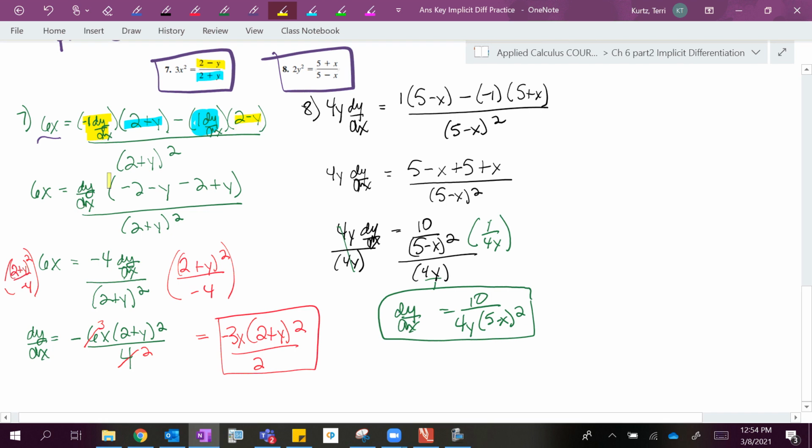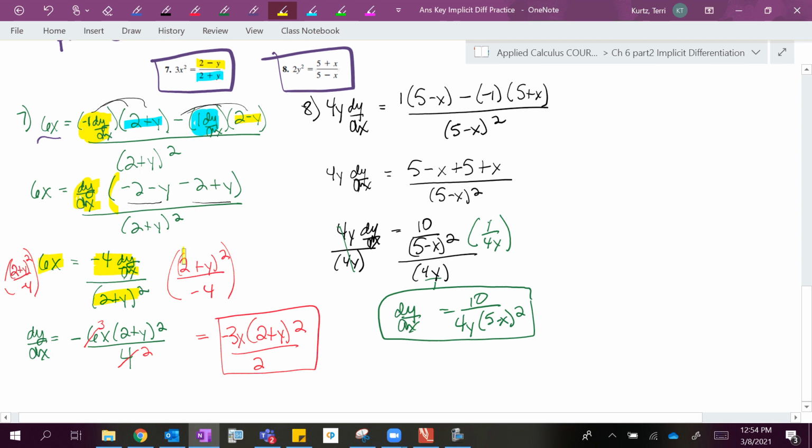Next step, I went ahead and took out the dy dx. With this being a negative dy dx, I took out the dy dx, then had to distribute that negative. So I ended up with negative 2 minus y. Over here, when I took out the dy dx, I again distributed the subtraction. So I got -2 plus y. The y's canceled out, and I ended up with -4 dy dx as my numerator over 2 plus y squared equal to 6x.